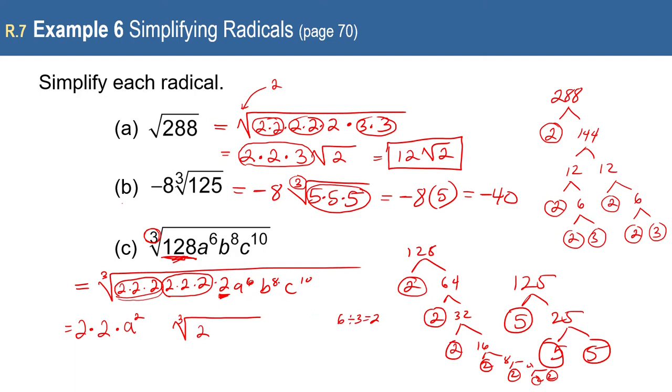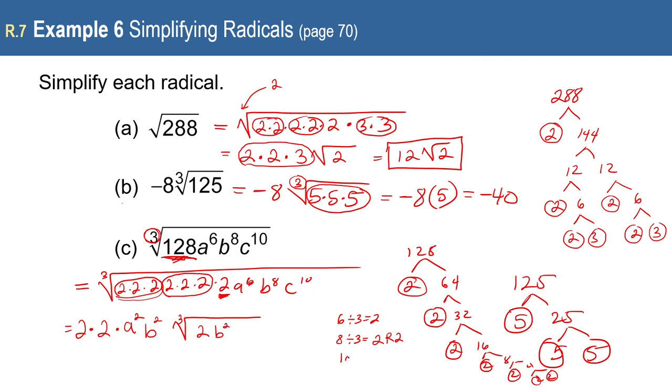Now, how many groups of 3 are there in b to the 8th? 8 divided by 3 is not a nice number. It is 2 with a remainder of 2. That tells me I have two groups of 3 for b to the 8th, but there's two b's left on the inside, so we'll leave b squared on the inside.